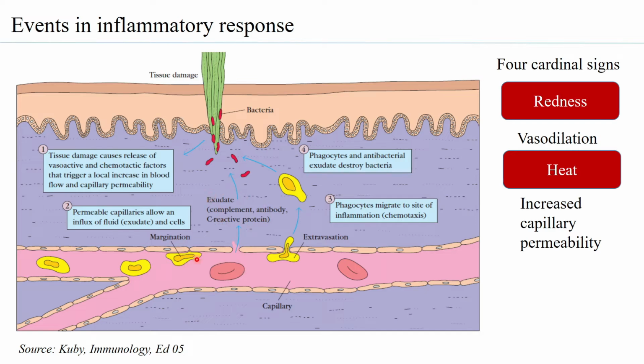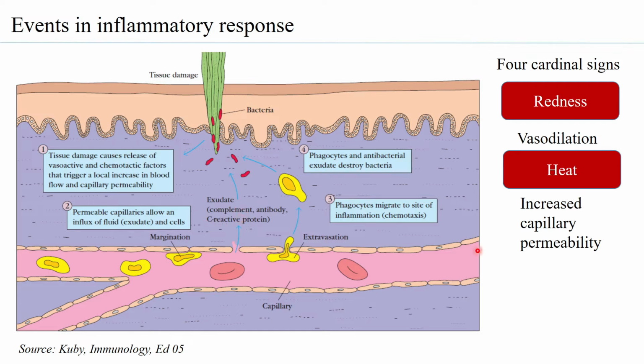So this allows an inflow of fluid, and that fluid, which is the exudate, can contain a lot of proteins from the blood, like for example the complement proteins, the antibody, the acute phase proteins, etc. They can all get exudated from the blood vessel into the tissue space.